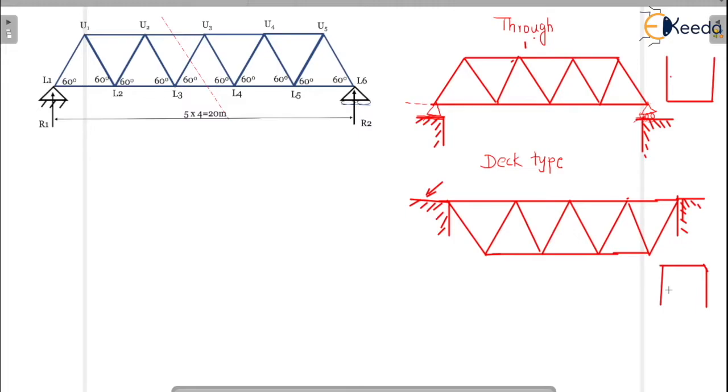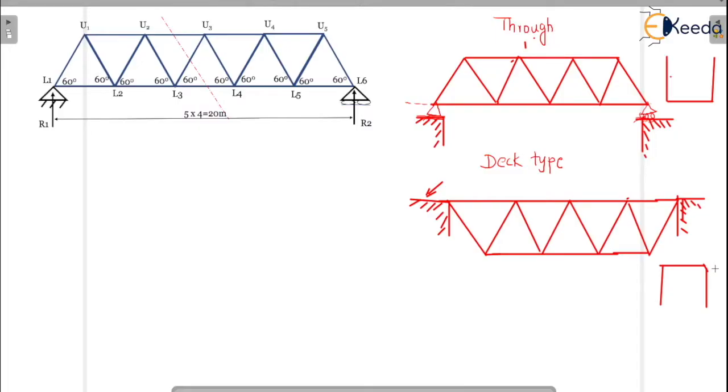In case of through type bridges, girders are at the lower joints, and road or rail tracks are laid over the cross girders and allow the vehicles to move through the bridge. But in case of deck type bridges, cross girders connect the top chord panel points, and road or railway are laid over these cross girders.